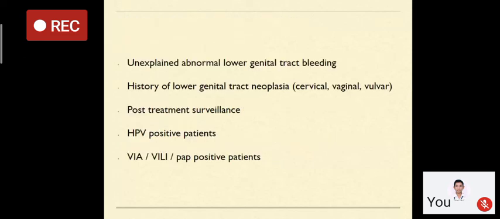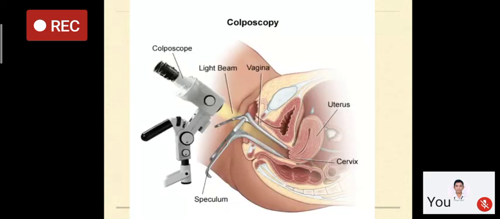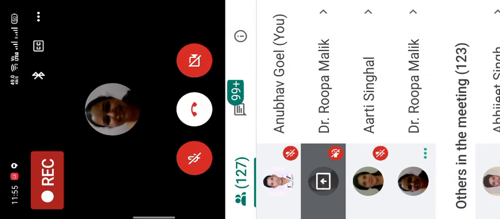Also unexplained abnormal uterine bleeding, history of lower genital neoplasia, whether cervical, vaginal, vulvar, or post treatment surveillance. Colposcopy can also be done in the HPV positive patient. If the patient is high risk HPV positive, then also they need to be screened by colposcopy or VIA, VILI or PAP positive patient. This is a colposcope.